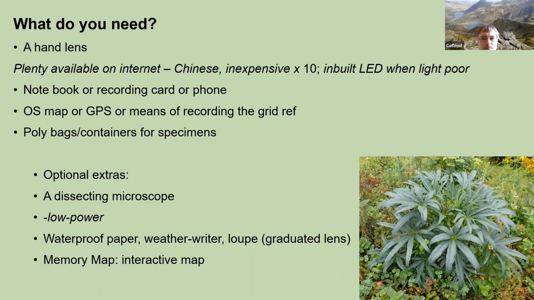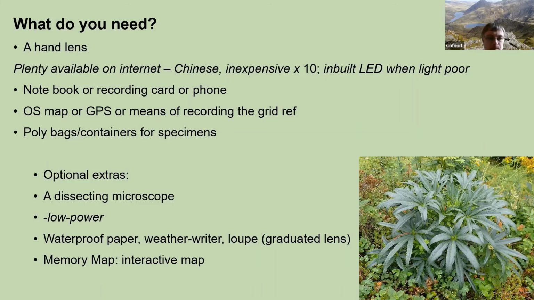You can, of course, use the ORS system, as Aisling has said, but I have an interactive map. It's called Memory Map. I think it's 25 quid for a certain area, and it gives me the grid reference when I get home if I want to, and I find that really useful.